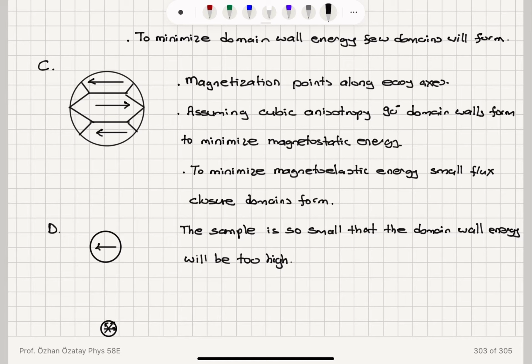In other words, the dimensions of the sample are less than the domain wall width.